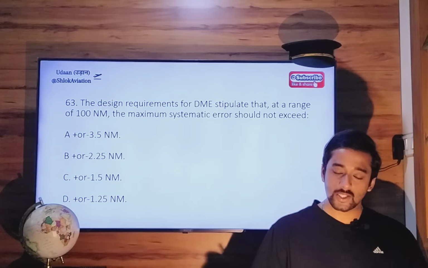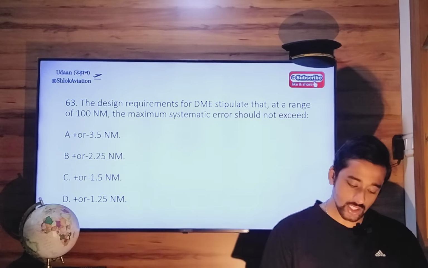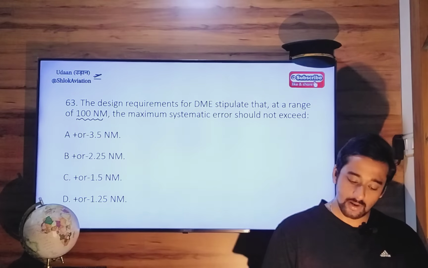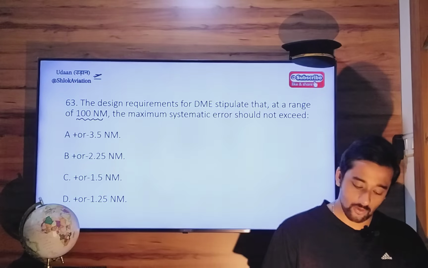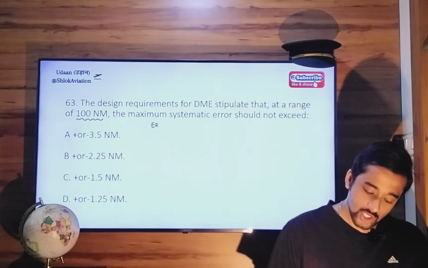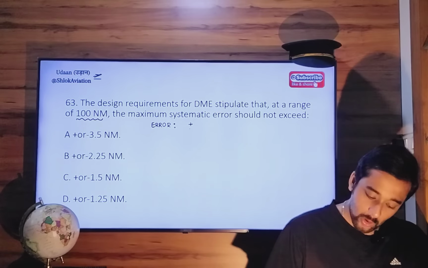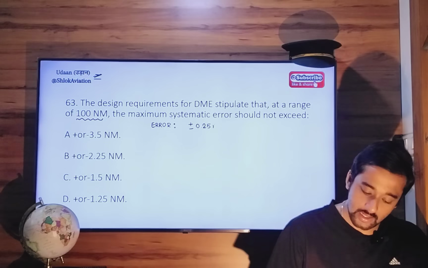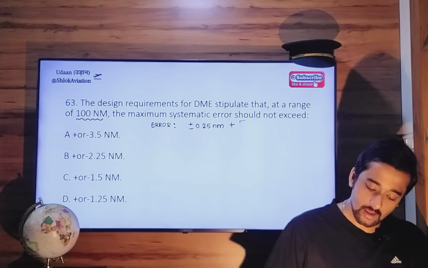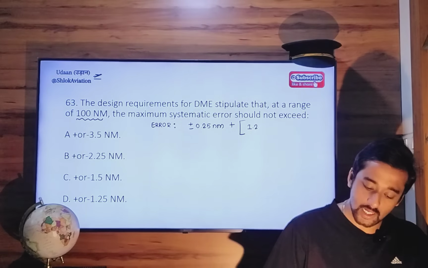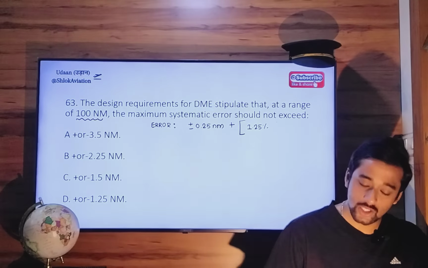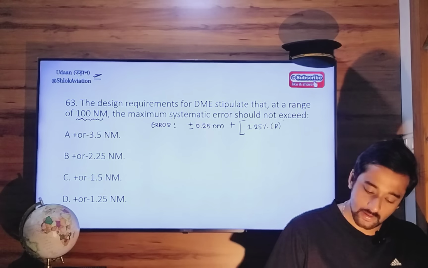The design requirements for DME stipulate that at a range of 100 miles, maximum systematic error should not exceed what? So the error should not exceed plus minus 0.25 nautical miles plus 1.25 percentage of the range given in the question.